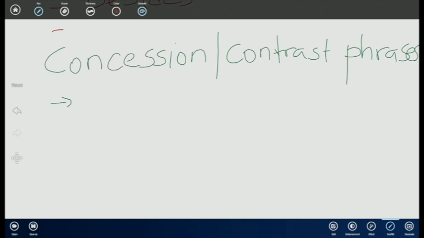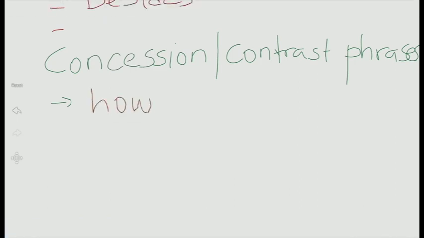So contrast phrases include the famous contrast phrase, which is however. So when you say however, you are showing that I'm changing the direction of argument, the direction of view this time around. And then more than however, you can also have another example as on the other hand.